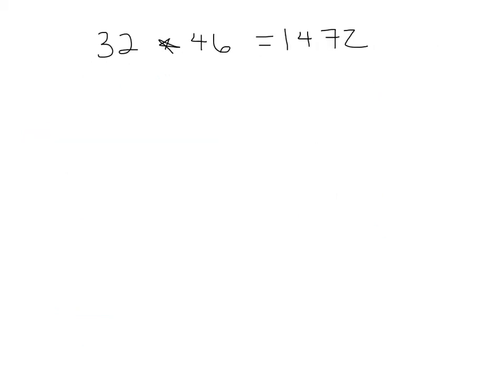What we're going to do now is take that same problem we did on the last slide, the 32 times 46, which I already know the answer, and I'm just going to change the problem just a little bit. Well, a lot. So I'm going to say instead 3 and 2/10 times 46. The amazing part is if I do the math again, I'm still going to get these numbers, 1, 4, 7, 2.